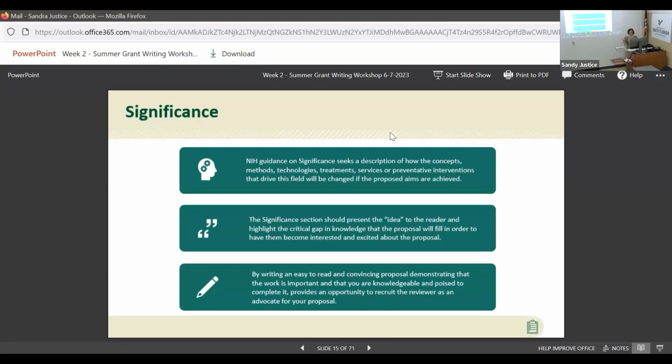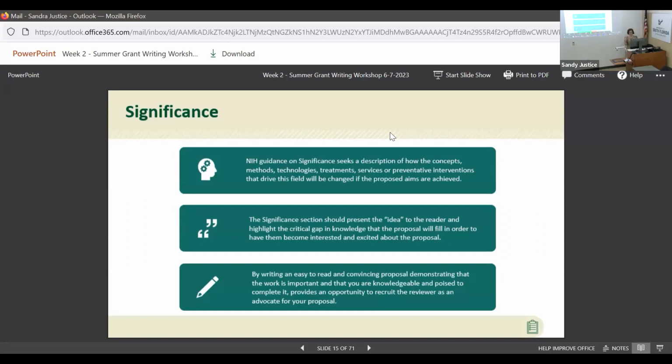By reading and writing the sample proposals, it'll help you to have an understanding of how significance is articulated in your field. And it may differ a little bit based on what type of application you're writing.